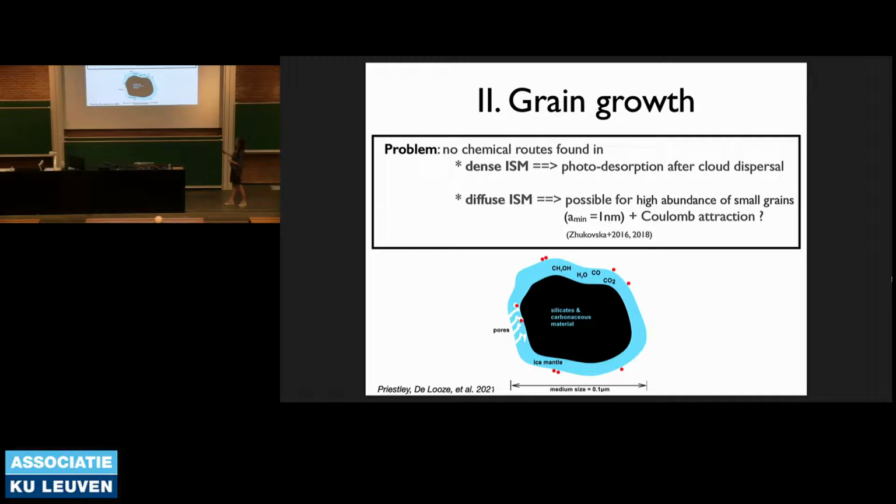And there are papers that claim that you can grow silicate grains in this way, but what they did have to change is that they had to kind of extend their grain size distribution to very small grains, because if you have smaller grains, they will contribute a larger surface over volume ratio, so you have more surface, and that's what you want, because the larger the surface is, the more efficient the accretion will be. And then they account for Coulomb attraction, because these small grains will be negatively charged, and then you have the positive ions in the diffuse ISM.